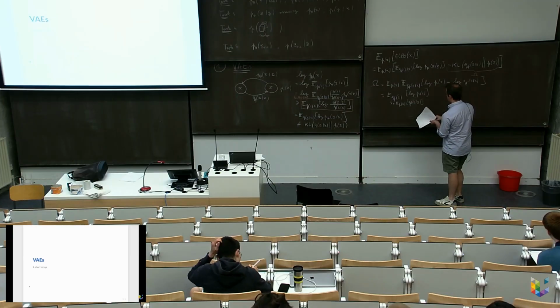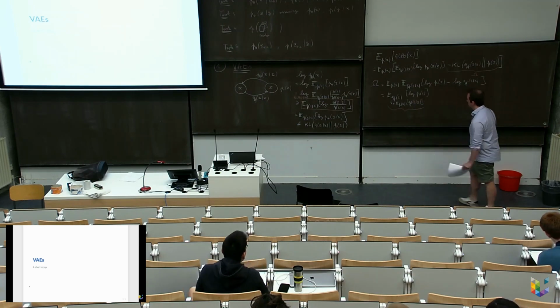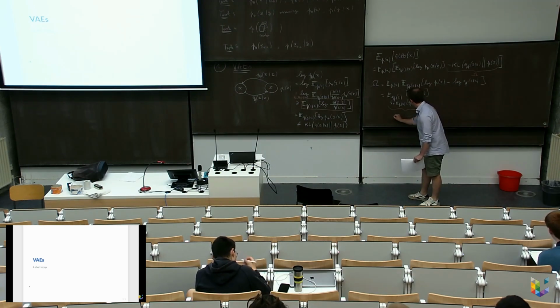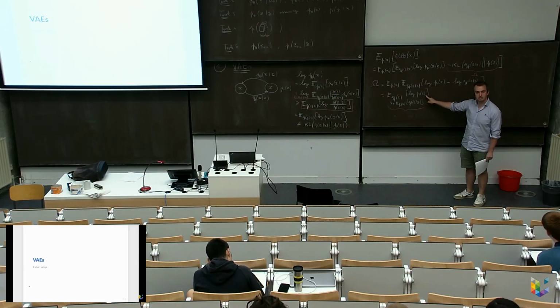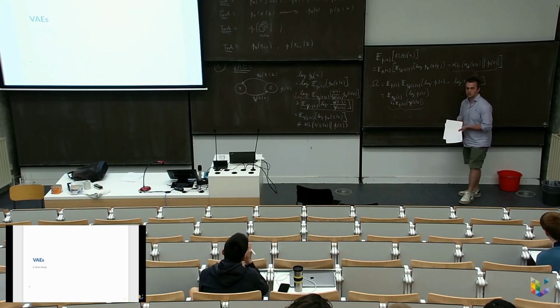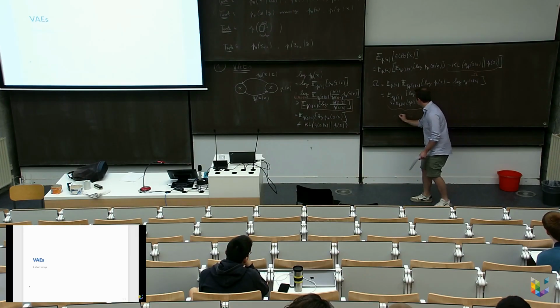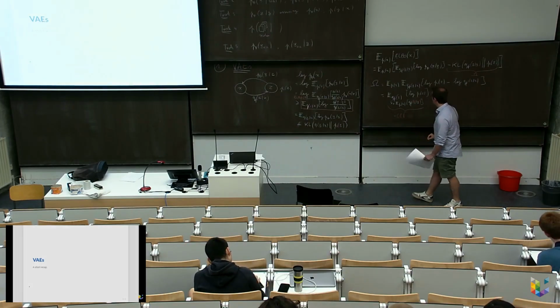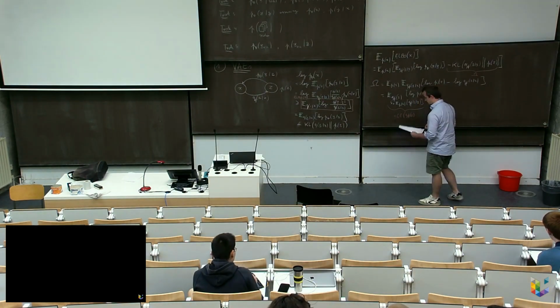And so before moving on to the next term, do you recognize this from before, that we have seen in previous lectures? The expectation over a distribution of the log of some other distribution. It's exactly the cross entropy, or the negative of the cross entropy, in this case, between the aggregated posterior and the prior.